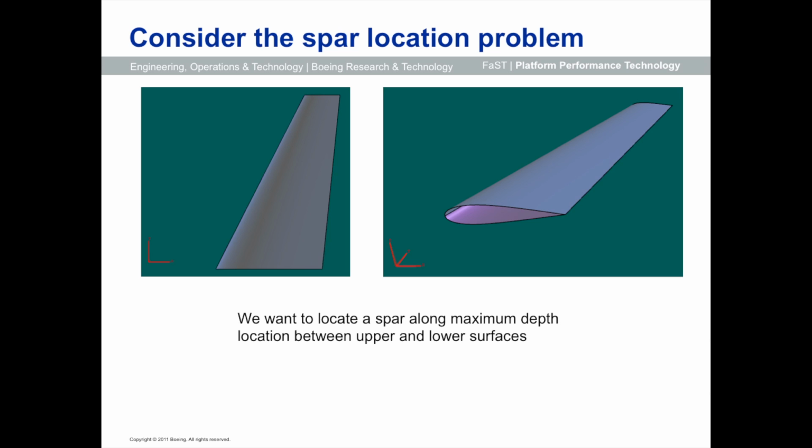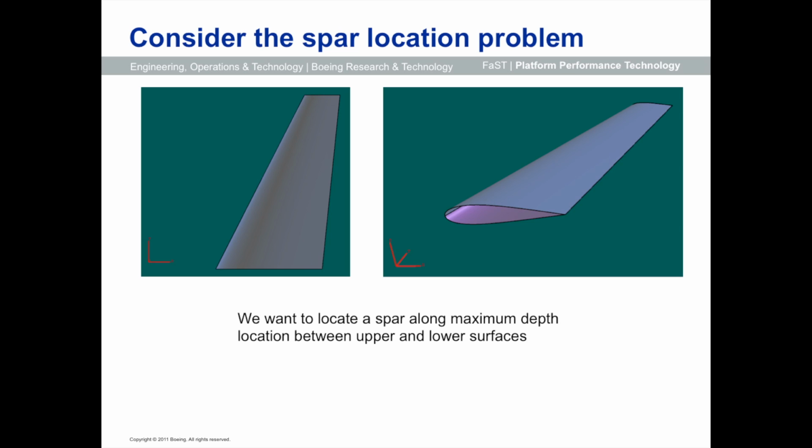All right, let's look at another interesting problem right here, the spar location problem. One of the things that the aero guys are always wanting to do is to make the wings thinner and thinner and thinner, because you get better aerodynamic performance characteristics with thin airfoils.